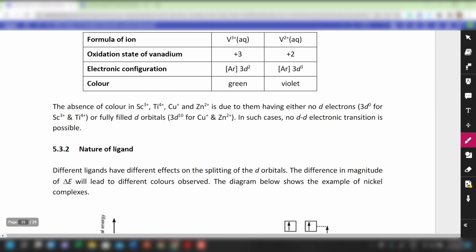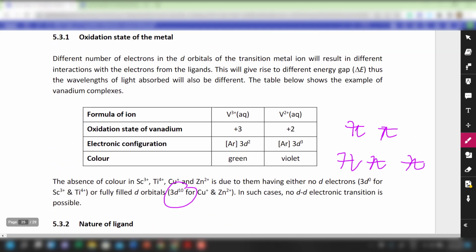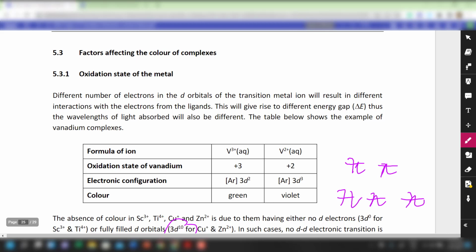They are colorless because they do not contain d electrons for transition. Not containing d electrons means they are either d0 or d10. d10 simply means that the 5 d orbitals are already filled. Electronic transition is still possible, so the electron can go higher, but that particular transition will likely occur in a region invisible to the human eye, so that's why it appears colorless.